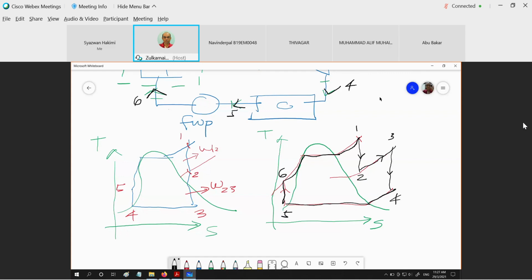Okay? So as far as the work is concerned, now we have 2 stages of work. We have work 1-2 and work 3-4. So we are going to get all the enthalpies from 1, 2, 3, 4, 5, and 6. Right? Usually, point 1 will be given P1 and T1.